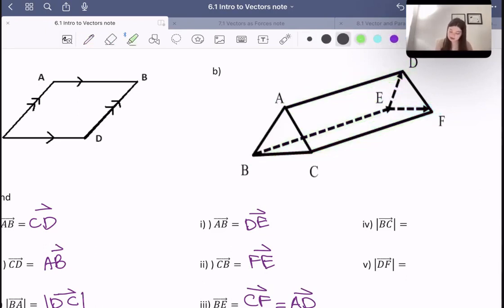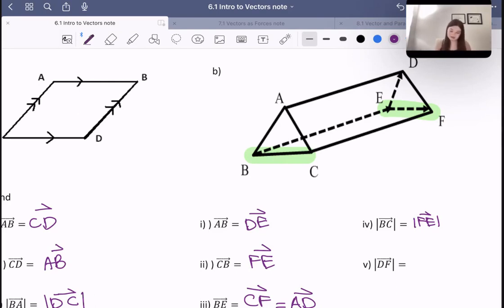And then here we have BC. So BC is this one on the bottom. That's the same as EF. Oh, and here they just want the magnitude actually. So there are a few answers. We could write FE, or we could write EF, or we don't know if it's an equilateral triangle, but we could definitely write CB, right? It would be the same magnitude.